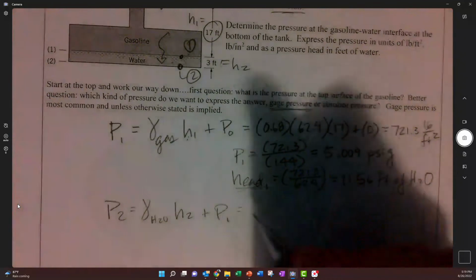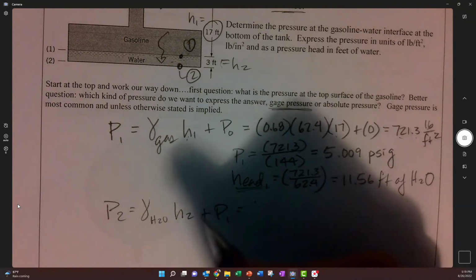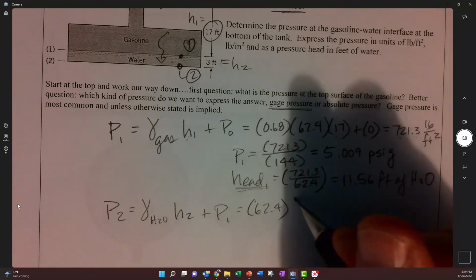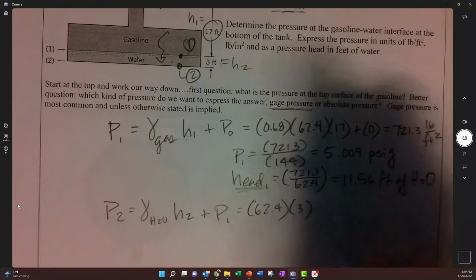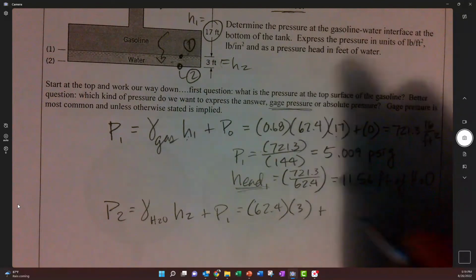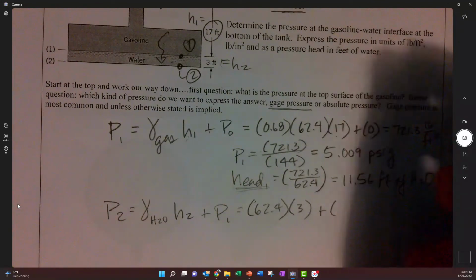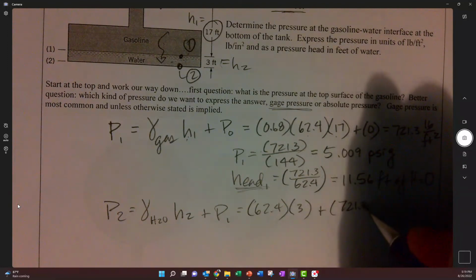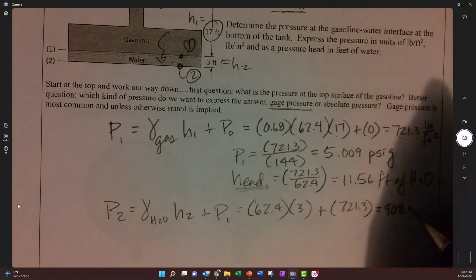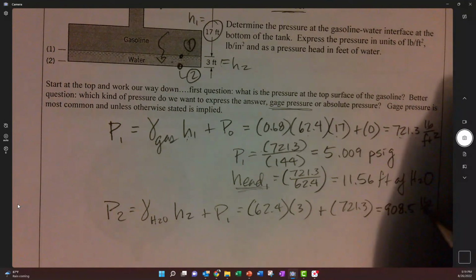So here, all we're going to have is 62.4 in the head, which is 3, right? For this, or the height change, you could call it, think of it in those terms. And then 721.3. And now we're with 908.5 pounds per square foot.